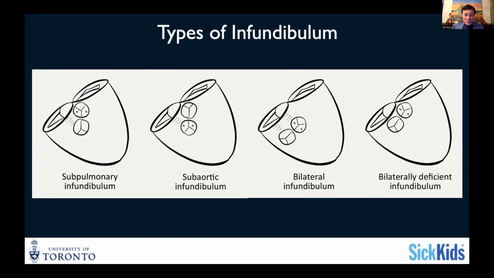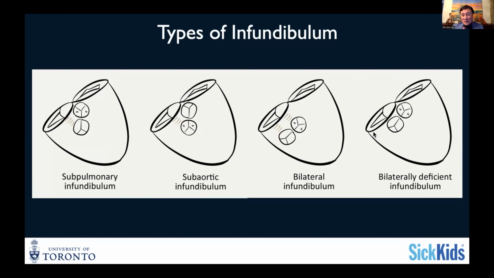So, types of infundibulum. This is the subpulmonary infundibulum. You can have a subaortic infundibulum alone. And as we discussed in the other cartoon, you can have a bilateral infundibulum. Sometimes, rarely, the infundibulum is absent for both. Usually when you have a bilateral infundibulum, the anterior ventricle is the right ventricle, but not always.